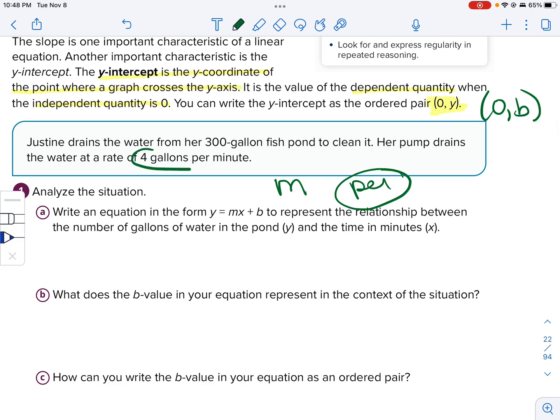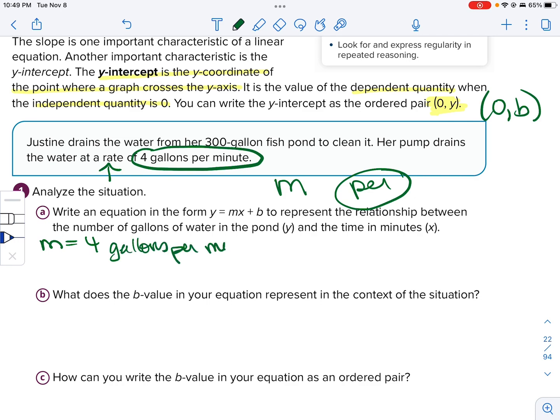So this right here, it even tells you that it's the rate. So that's my slope. So my slope is 4 gallons. Okay? Now, you have to be careful in this because you have to decide whether it's going to be positive or negative. Oops, I should have put gallons per minute.